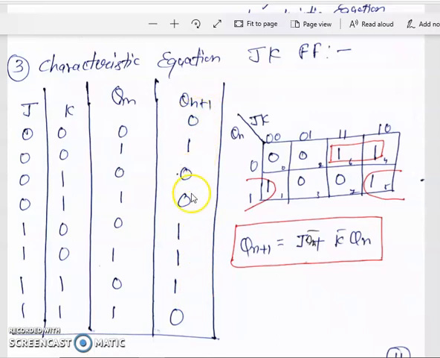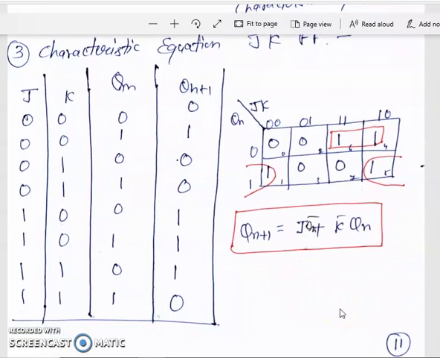Using the characteristic table, we construct the K map for J, K and Qn. For Qn plus 1 we have this pair and this pair. For this pair, the term is J and Qn bar. For the other pair, we have Qn, and K bar for no change. So it is K bar Qn, and the characteristic equation of the JK flip-flop is J Qn bar plus K bar Qn.